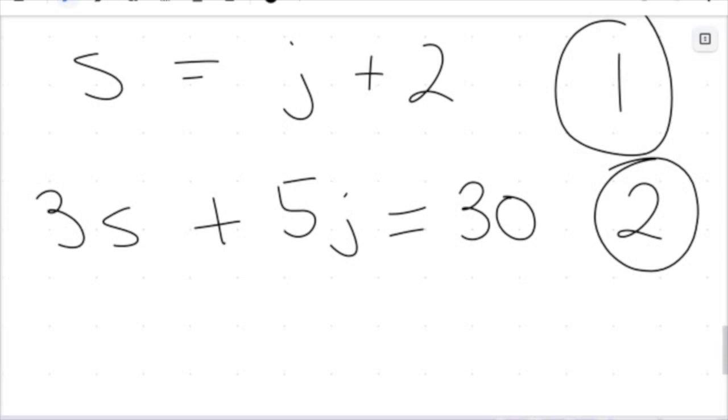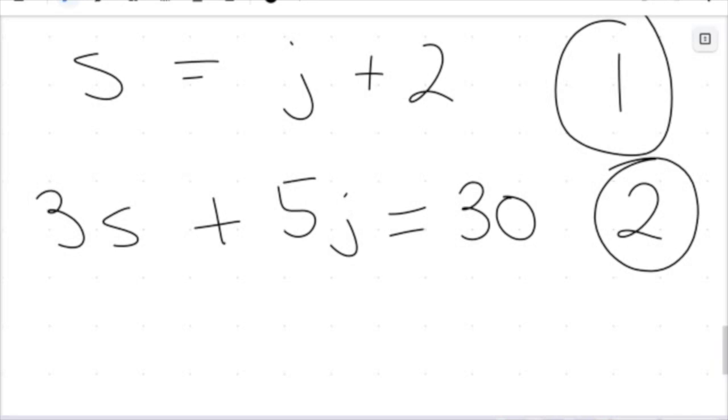From the previous video, I talked a lot at the end about how you have both of these methods now. It is up to you to choose which one you'd prefer. And sometimes for certain questions, depending on how they're laid out, you may want to use substitution, you may want to use elimination.